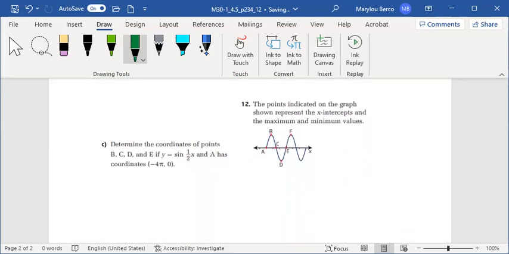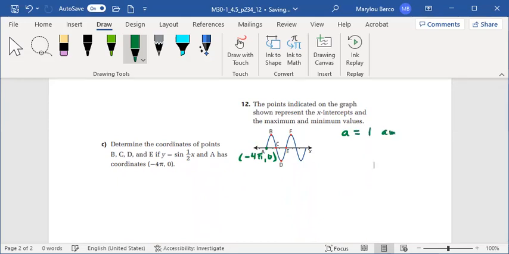C. Determine the coordinates of the points B, C, D, and E if y equals sine 1/2 x and A has the coordinates of negative 4 pi, 0. That's A. Okay, so given the equation, we have A is equal to 1.